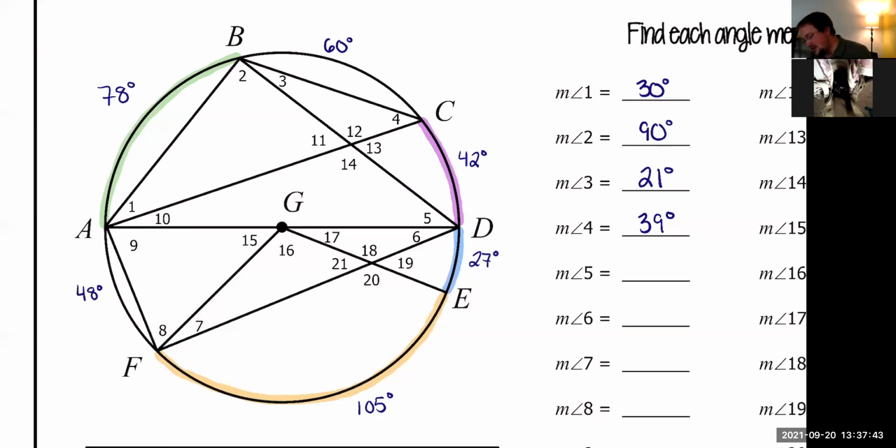Also 39, because they're intercepting the same arc. Angle 6. Another inscribed angle. Vertex D is on the circle. Follow its sides out. We have endpoints at A and F. So arc AF is 48 degrees. That inscribed angle should be half as much, which is 24 degrees.